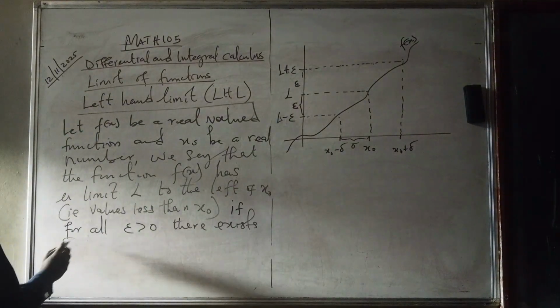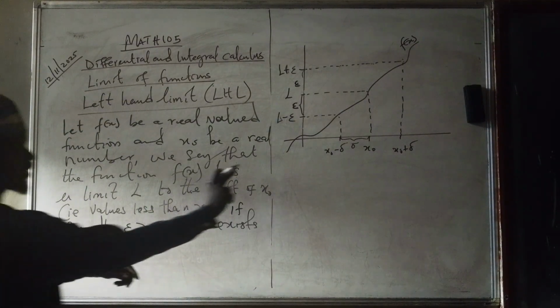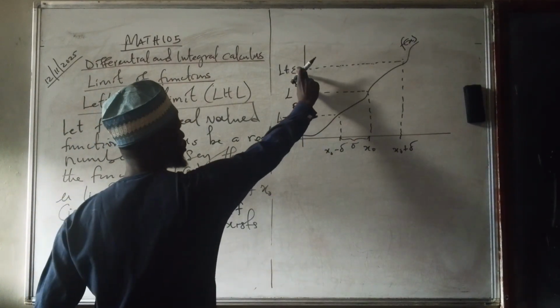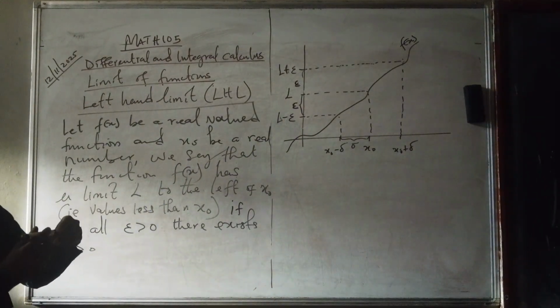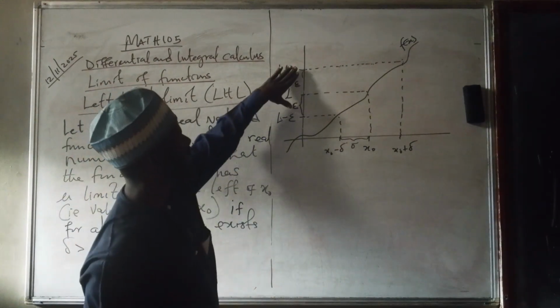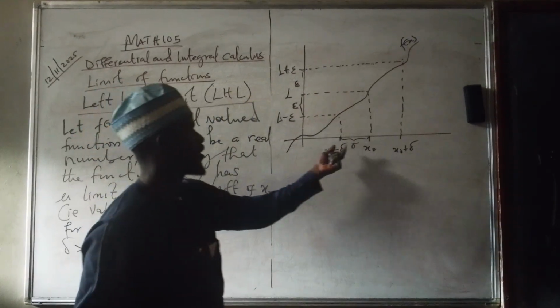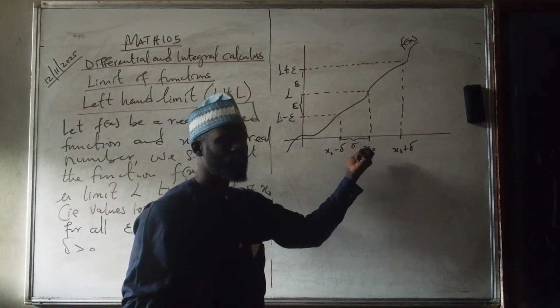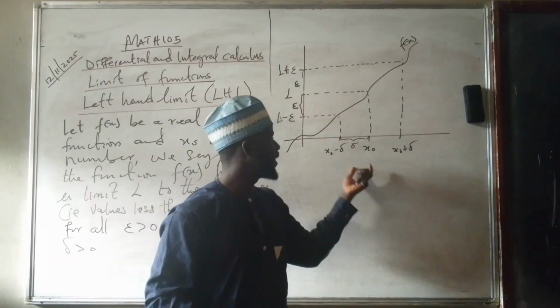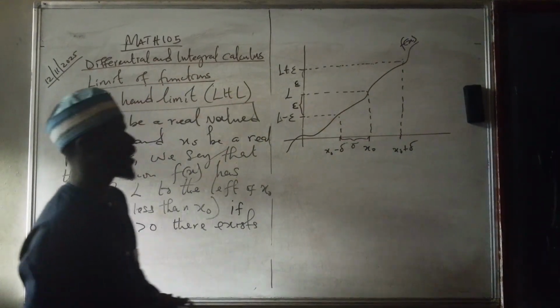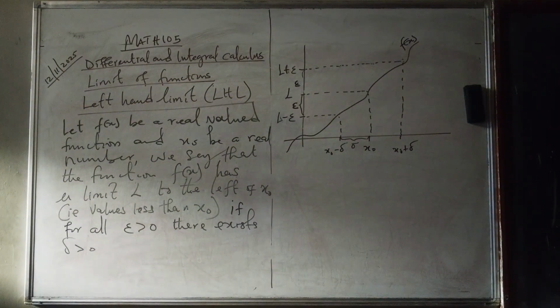a positive delta, that's a positive distance, for every small value of epsilon. Remember, epsilon is always the distance on the side of the limit, and delta is a very small distance on the side of the real number, namely the values of x.